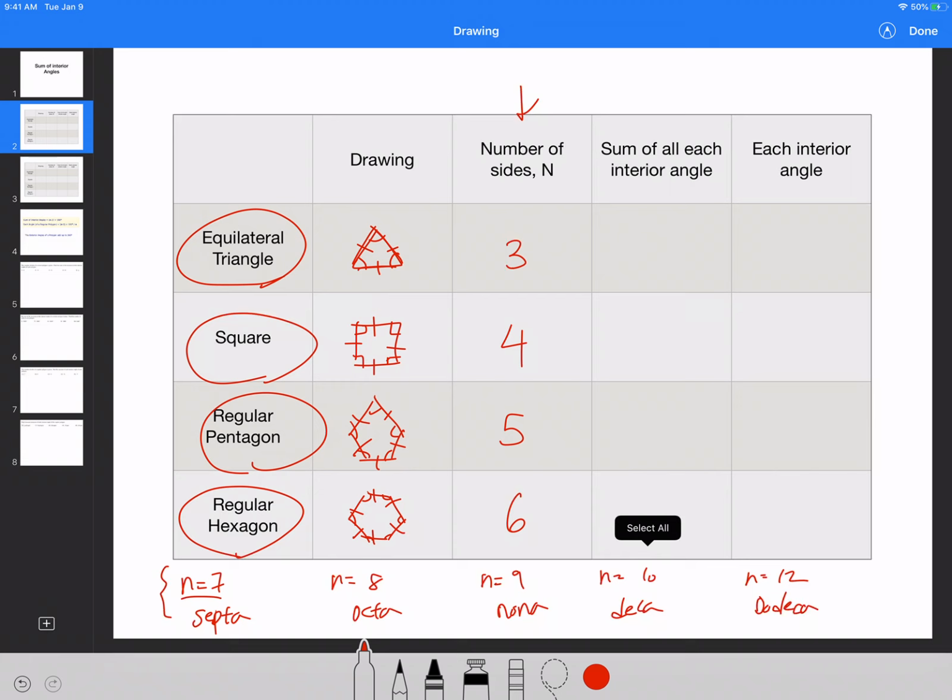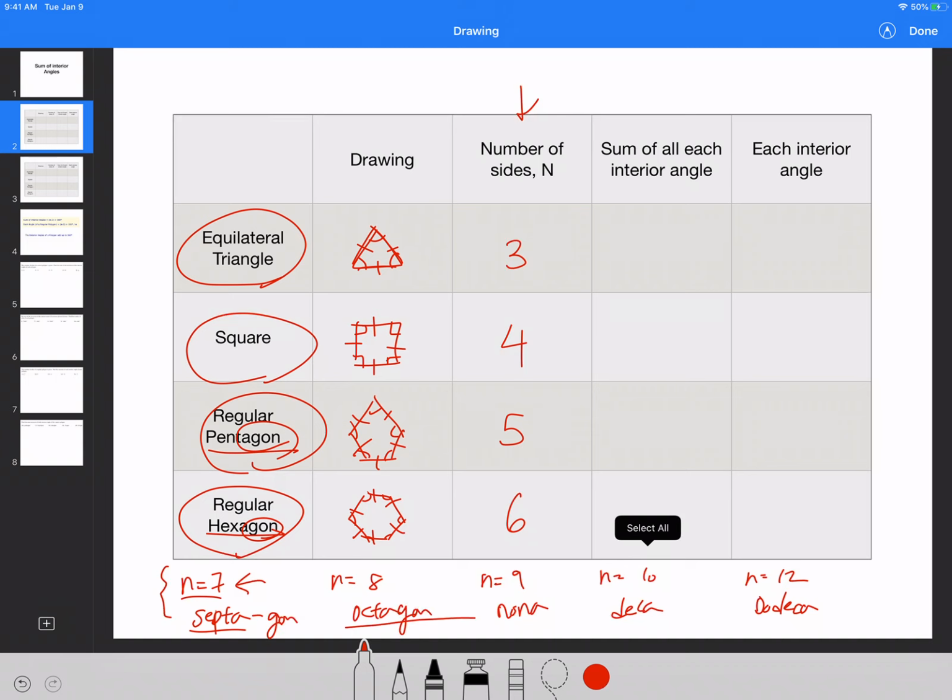And then just like how we say pentagon, hexagon, all of those polygons have the word gon at the end. So the polygon where n is 7, in other words the number of sides is 7, you use a Greek prefix called hepta, and then just say gon. So heptagon.